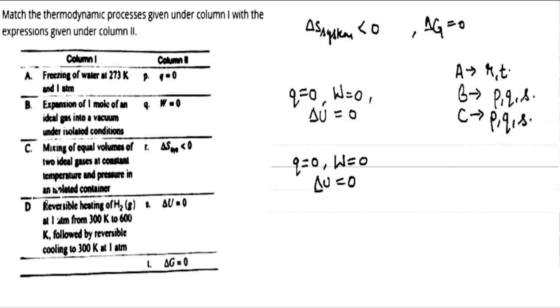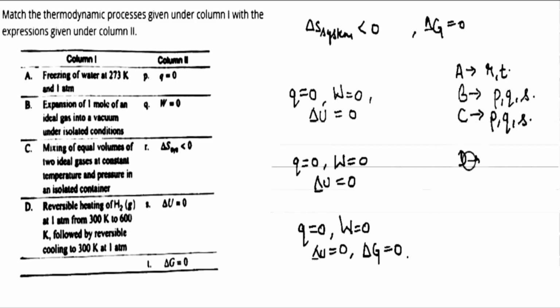In the last option, reversible heating of hydrogen gas at 1 atmosphere from 300 Kelvin to 600 Kelvin, followed by reversible cooling to 300 Kelvin at 1 atmosphere. During this, there is no heat change, Q is 0, there is no work change, W is 0, there is no change in internal energy, delta U is 0, and there is also no change in free energy, delta G is also 0.